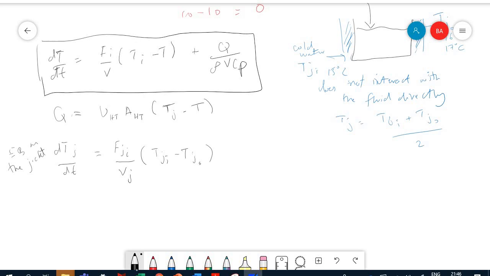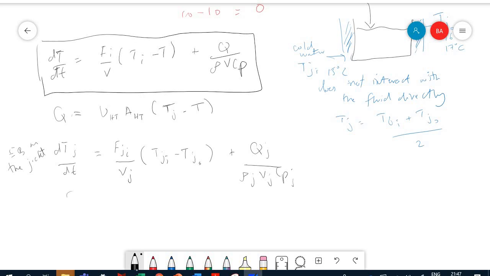So we have Tj in minus Tj out plus Qj, which is different from that Q. It's just the other way around, exactly the same but the other way around, over rho j Vj Cpj.